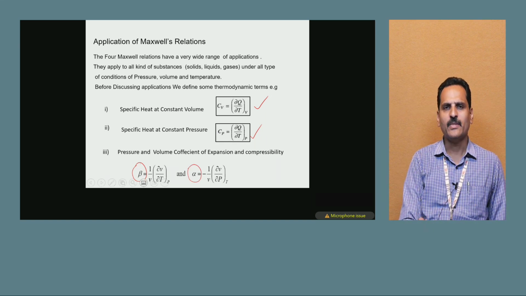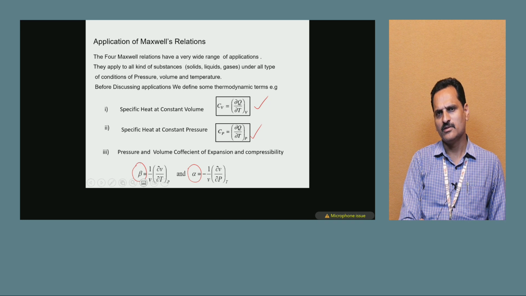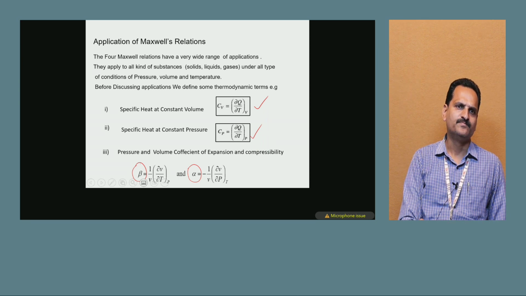So these Maxwell equations are very useful to estimate the specific heats of a thermodynamic system at constant volume and at constant pressure, and to estimate the coefficient of expansion and coefficient of compressibility. Okay.